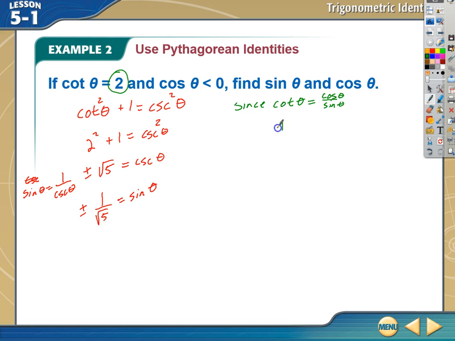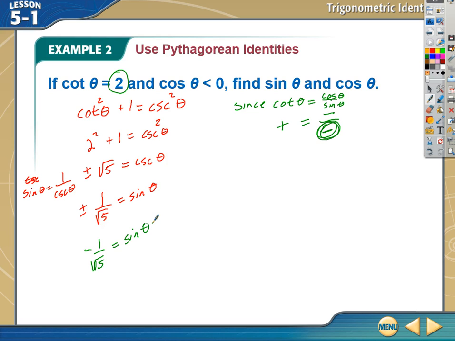So I know that this was positive equals negative over what? Well, if that's positive, negative divided by negative. So sine over here has got to be negative. So I do now know that sine is equal to negative 1 over square root of 5.